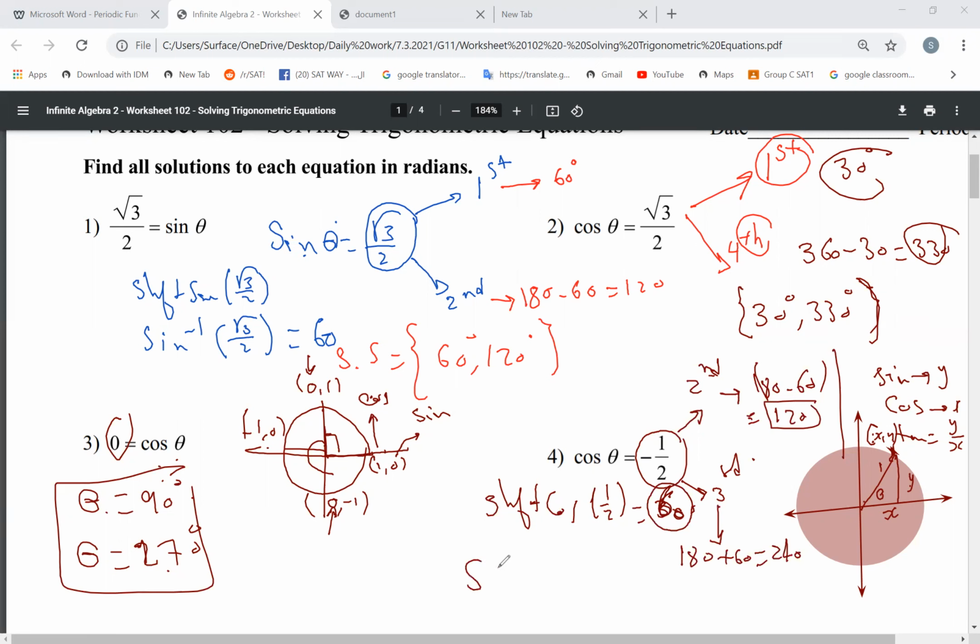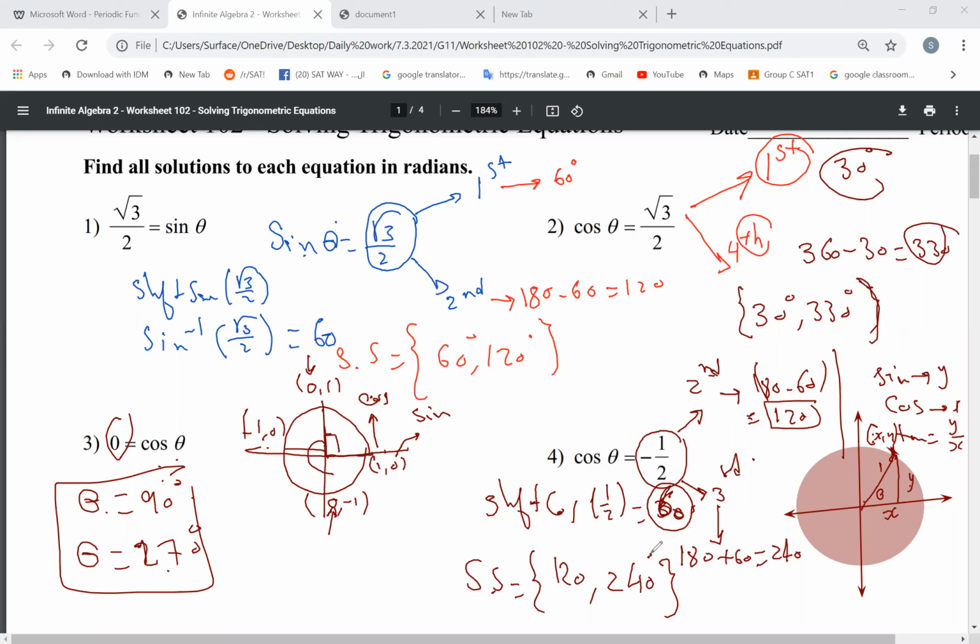So the solution set, the values of the angle which satisfy this equation, is 120 and 240 degrees. Is it okay? Have you got it?